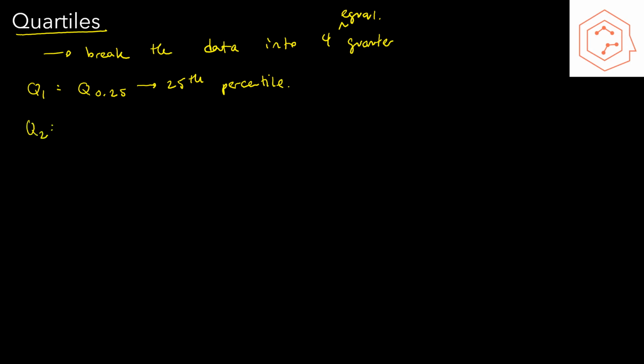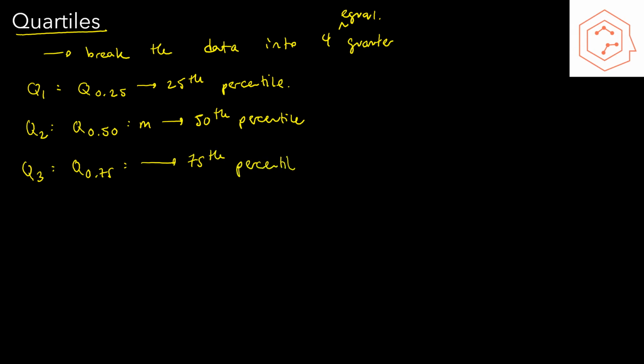Q2 is the 50th percentile, also known as the median. And the third quartile, Q3, is the 75th percentile. And so if we look at our data set, we have Q1, Q2 in the middle, then Q3, and we get 4 equal quarters.